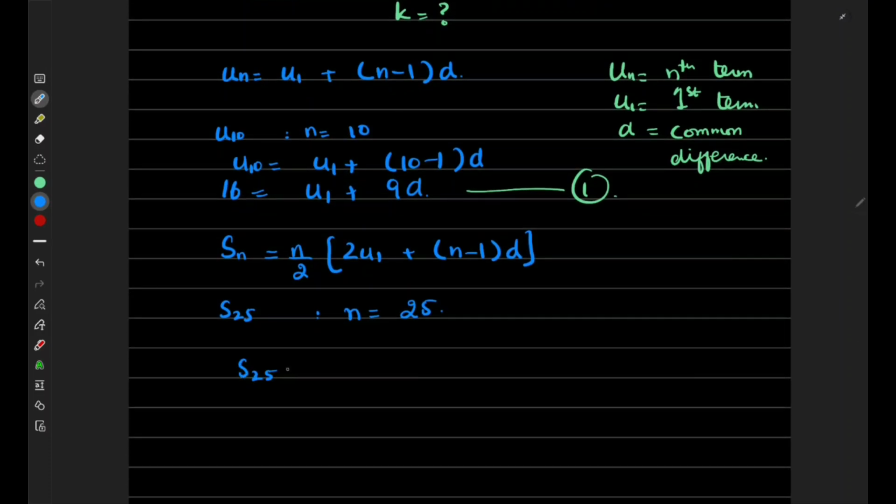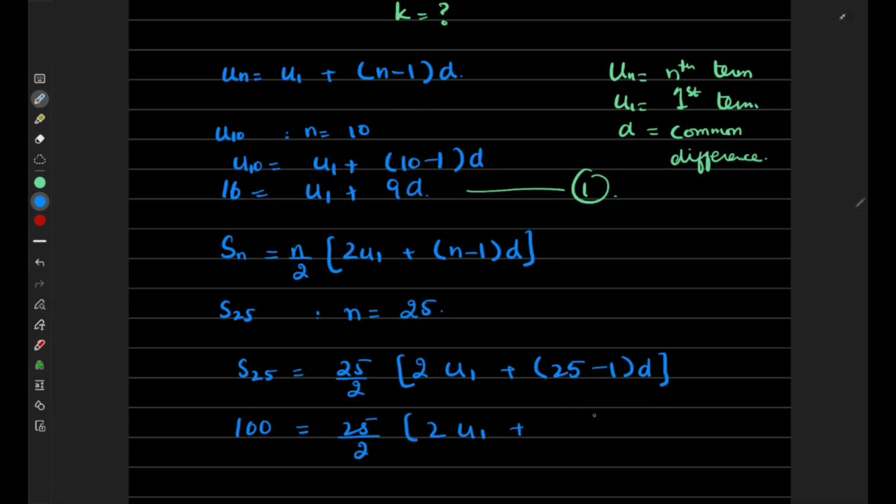So S25 is equal to 25 by 2 times (2U1 plus (25 minus 1) times d). S25 is 100, so 100 is equal to 25 over 2 times (2U1 plus 24d).